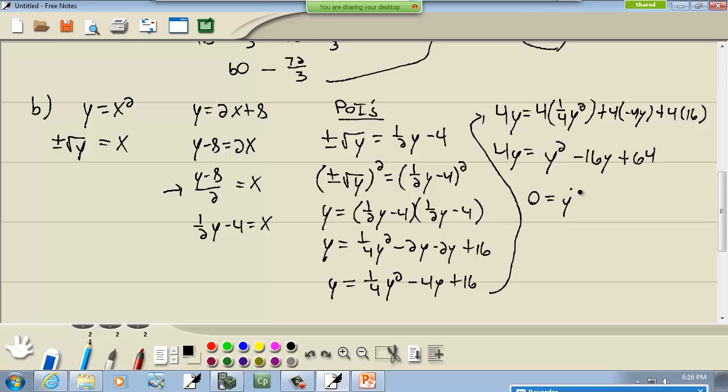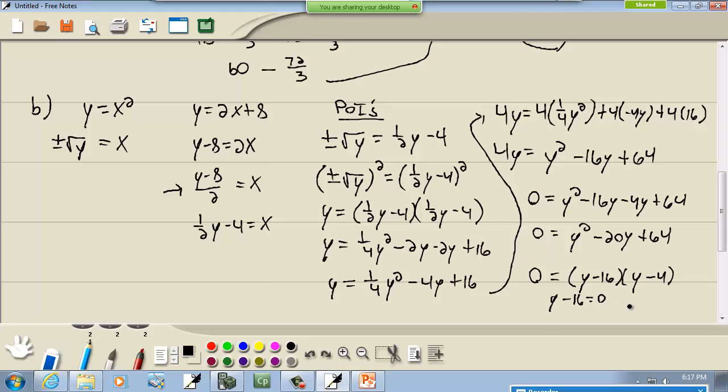Get everything over one side, so we've got y squared minus 16y minus 4y plus 64. Y squared minus 20y plus 64. That factors as y minus 16 times y minus 4.